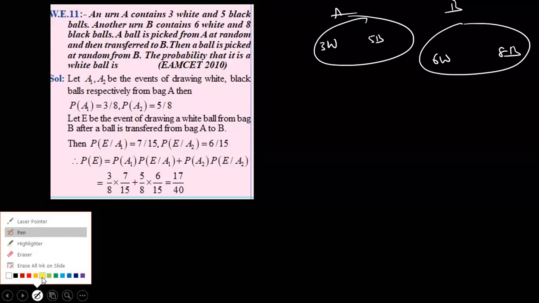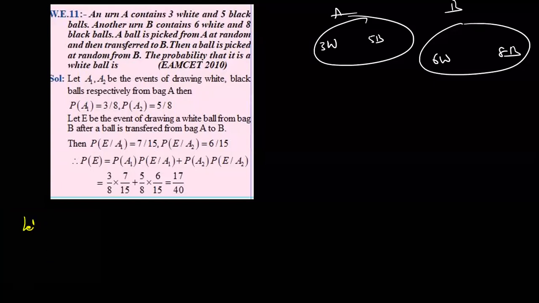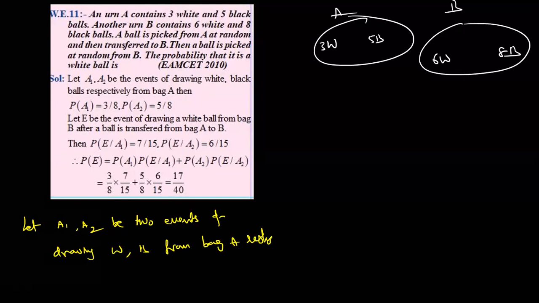What is the meaning? So dear students, suppose let A1, A2 be events of drawing a ball, drawing white and black balls respectively from bag A. Fine. So please tell me anyone, what is the P of A1 from the bag A?